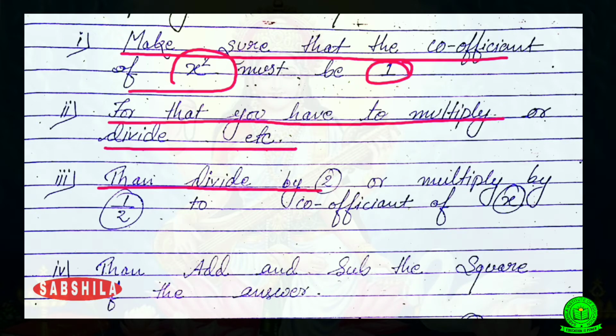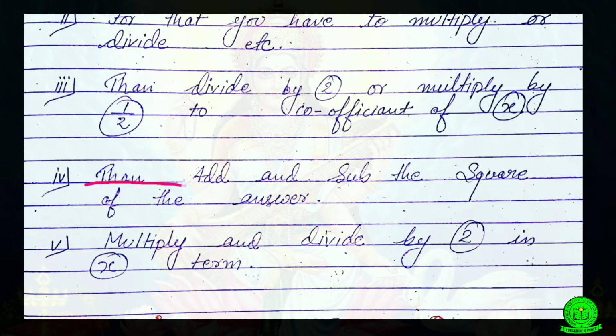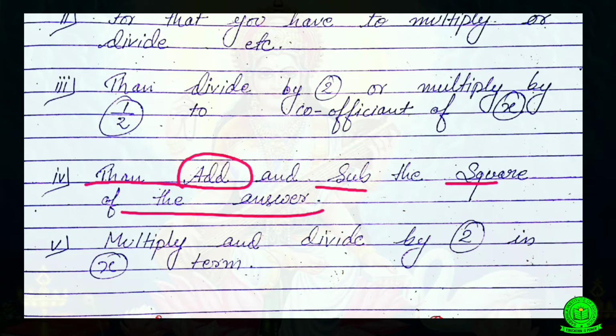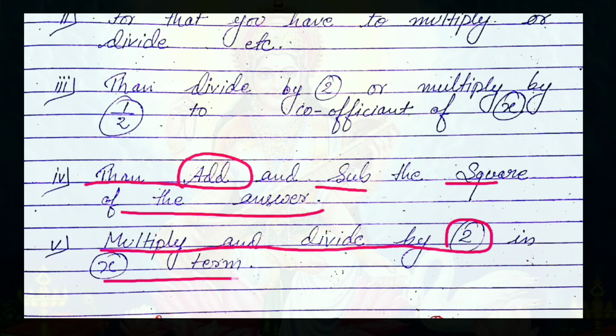It should be multiplied or divided by 1 by 2 or 1 by 4 or anything. Then add and subtract the square of the answer. After that, at the last, multiply and divide by 2 in the x term.